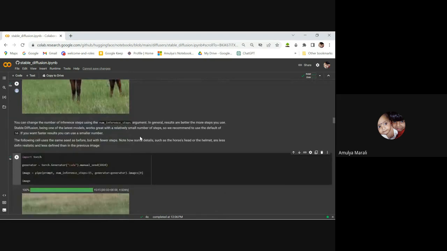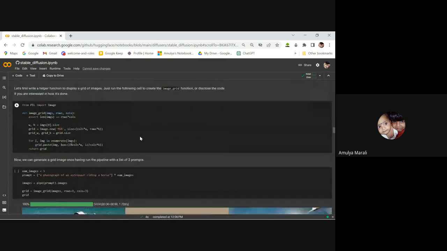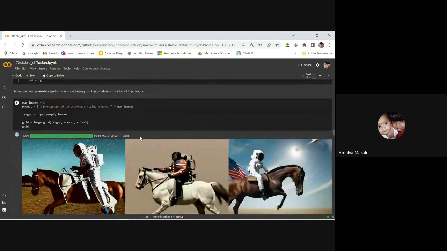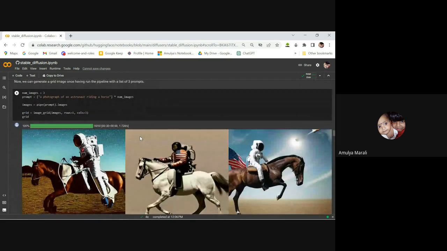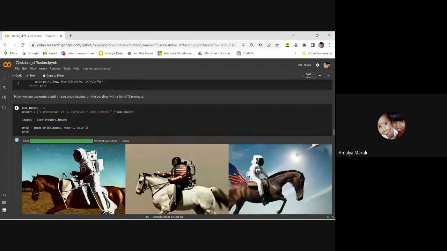Okay, let's see. Then coming back to generating these images with number of columns and number of rows, they're just given in the code. As I mentioned earlier, when you generate more images, you can make use of this.